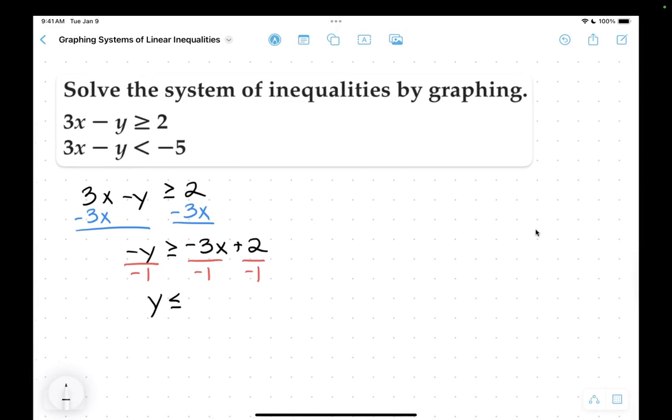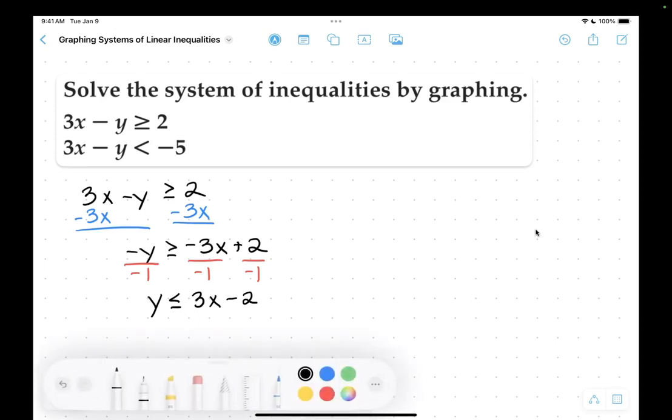Negative 3x divided by negative 1 is a positive 3x. And 2 divided by negative 1 is minus 2. So anytime I multiply everything by a negative number or divide everything by a negative number, the inequality sign flips one way to the other.